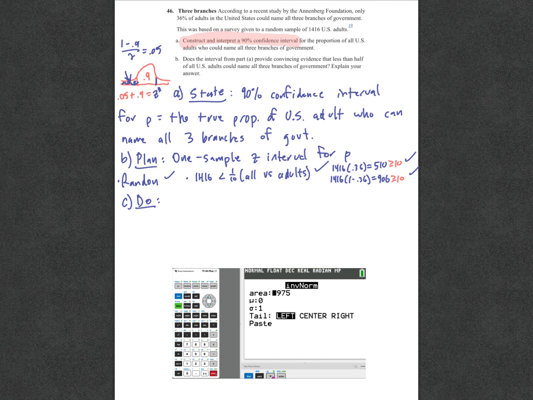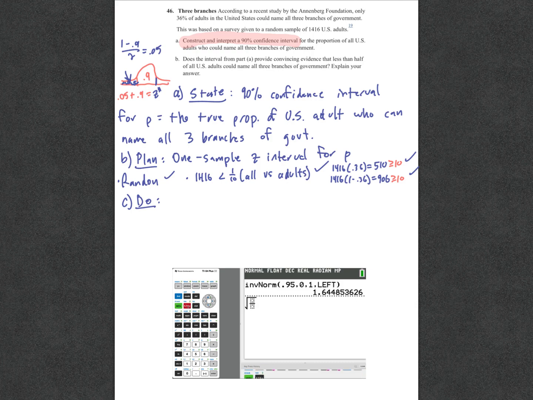Okay, so let's go back to the calculator. That's what we'll put in the calculator, 0.95. Remember, if you have the option to do center, you can just do 0.9 and then center, but I'm going to do this. So that's our Z star value, our critical value. Now let's find our standard error.